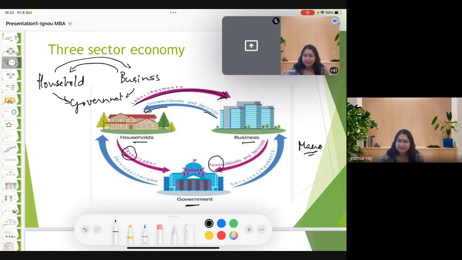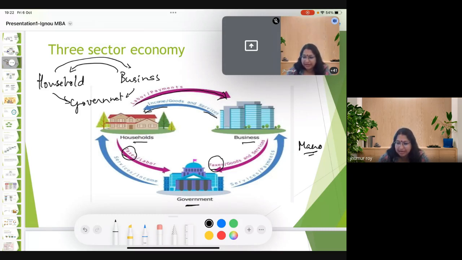Okay. Thank you. So basically, when we are talking about this, earlier it was very simple: you were taking resources from the household and paying them, and from the business, you were making goods and services and paying them. Now, the moment the government comes into the picture, the government starts charging taxes.